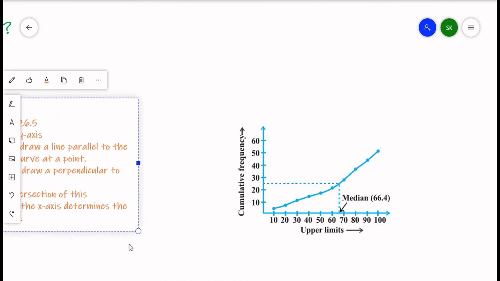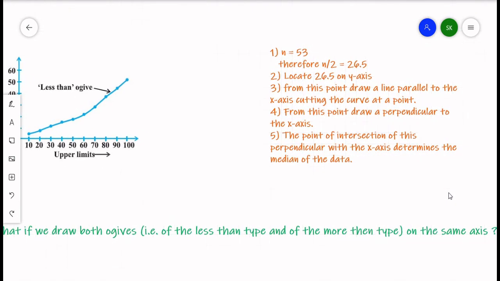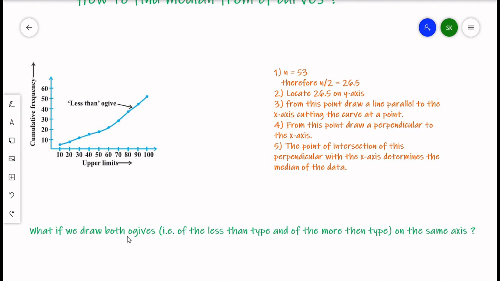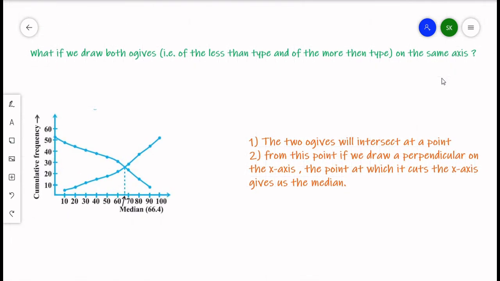Now the question is, what if we draw both ogives, both less than type and more than type, on the same axis? On the same xy axis, if you draw both curves, less than and more than, then what are we going to get? Can you see this? Yes. So here we plotted both the curves.